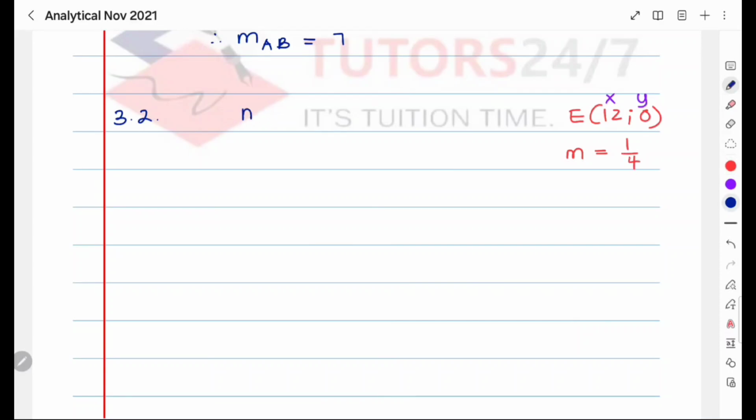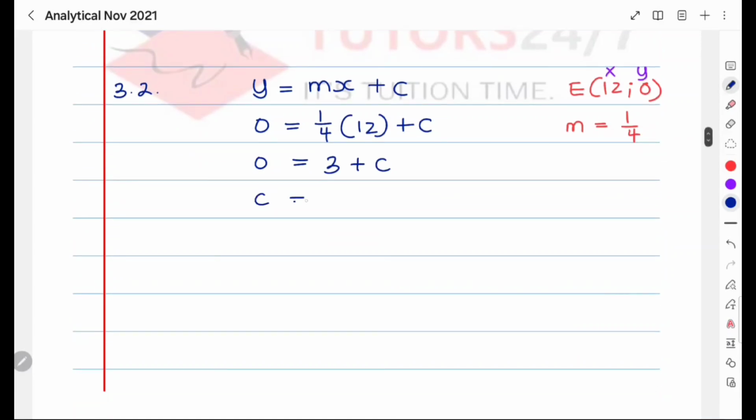So our formula for the equation of a straight line is y equals mx plus c. From here we are going to substitute 0 in place of y, 1 over 4 in place of the gradient, and 12 in place of x. A quarter times 12 is 3. From here, we now know that c is equal to negative 3, the y-intercept.